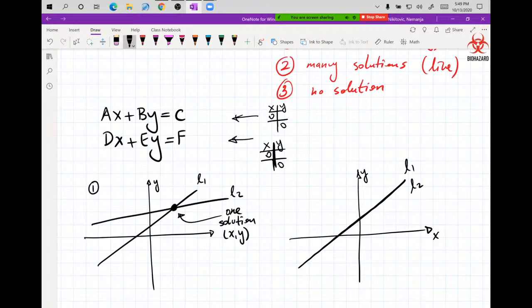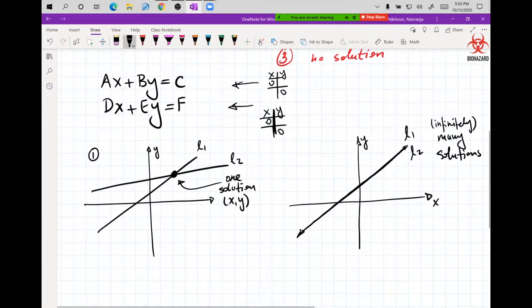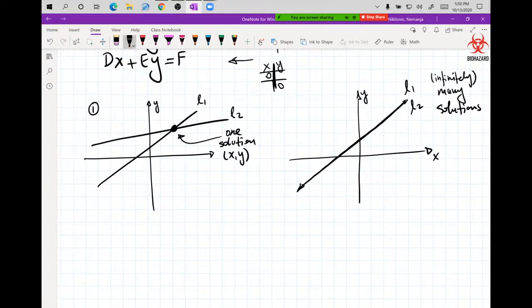Generally we just say many solutions, but the word infinitely should be there. Infinitely many solutions. And as you can see, the solution is actually this line. So it's no longer an intersection point, but infinitely many points along this line that goes forever to the left and to the right.